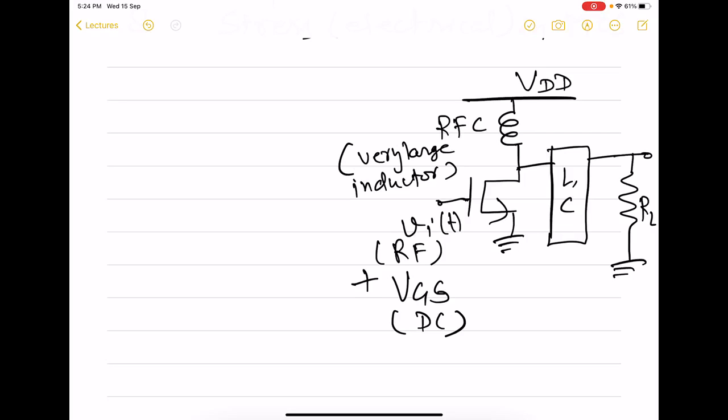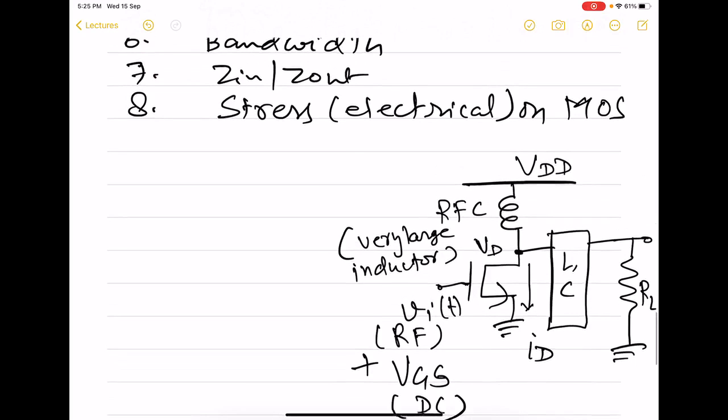So here you can see that when this device operates, it experiences a certain drain to source voltage. So the source is anyway ground. So there will always be a certain drain voltage and it will always be experiencing a drain current. So what we mean by electrical stress on MOS is the maximum value of this drain voltage. Because we know that any device will be able to tolerate only a certain amount of voltage across it.